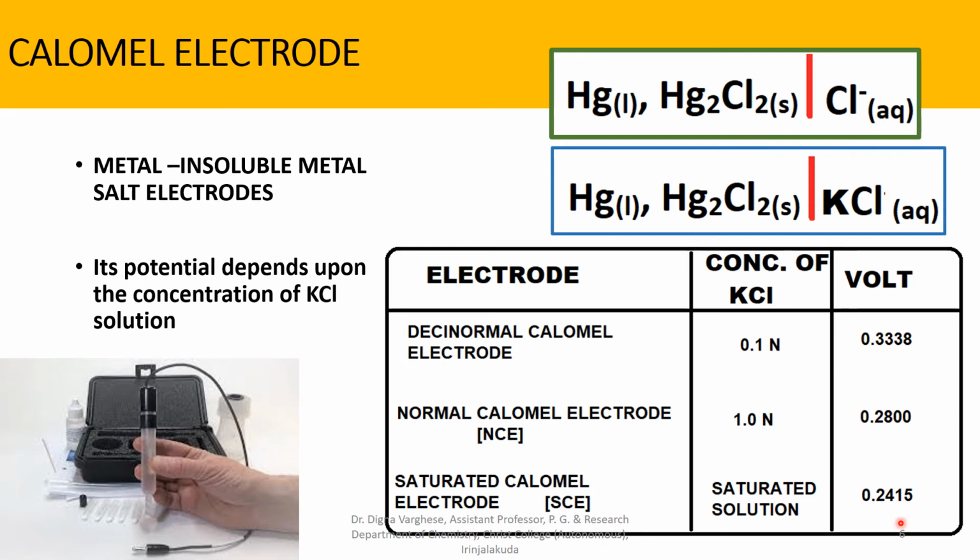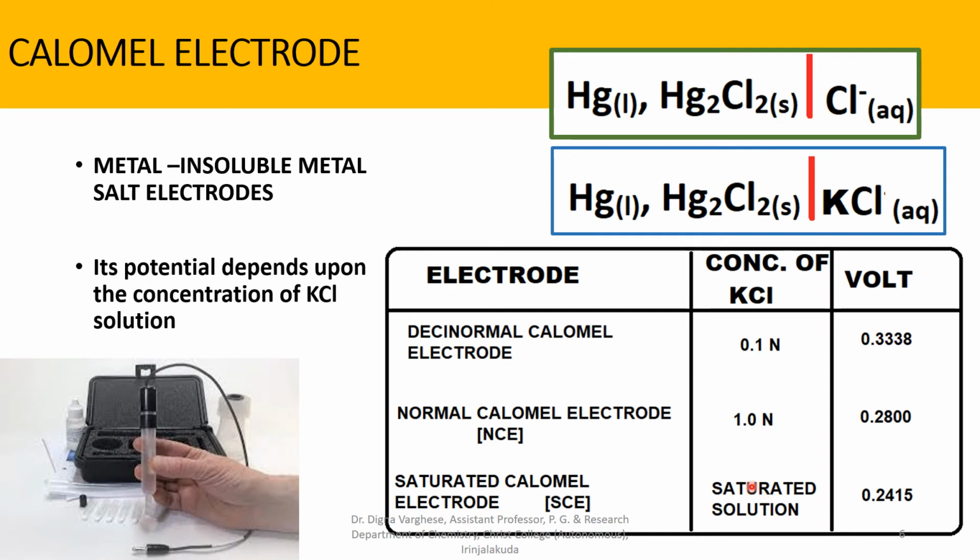So Calomel electrode is liquid mercury in contact with mercurous chloride, that is Calomel in solid state, and potassium chloride aqueous solution. Depending upon the concentration of the potassium chloride used, if it is 0.1 normal, it is decinormal Calomel electrode. If 1 normal concentration of potassium chloride is used here, then it is known as NCE.